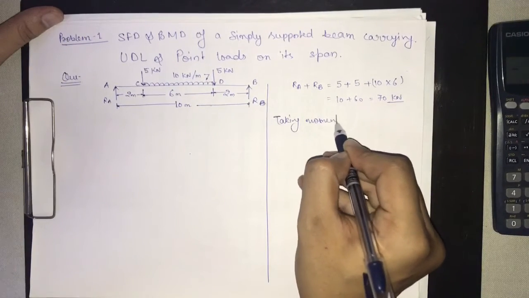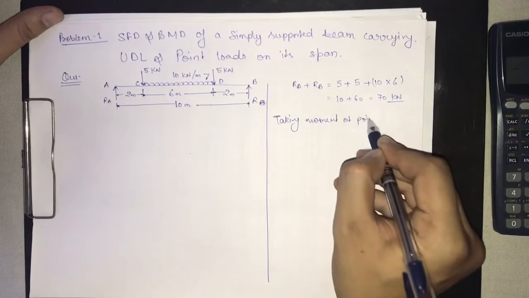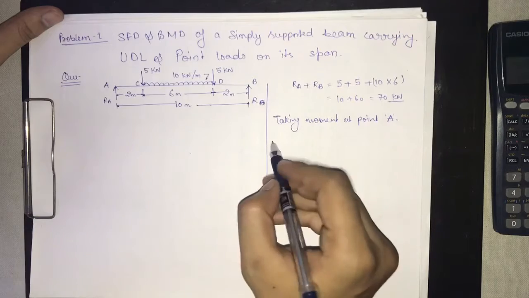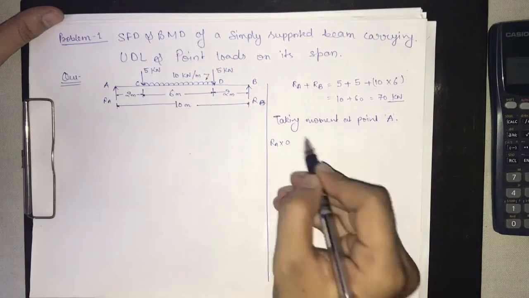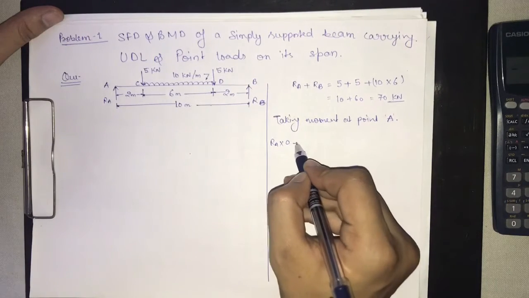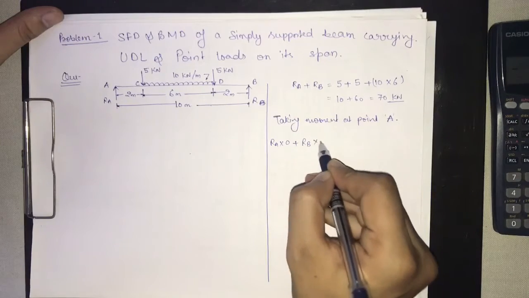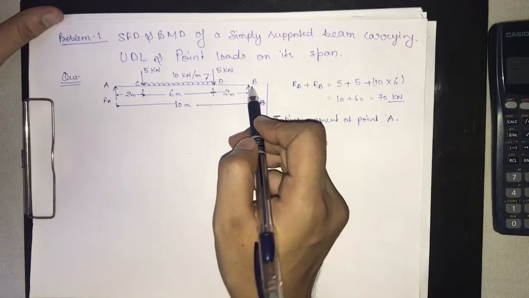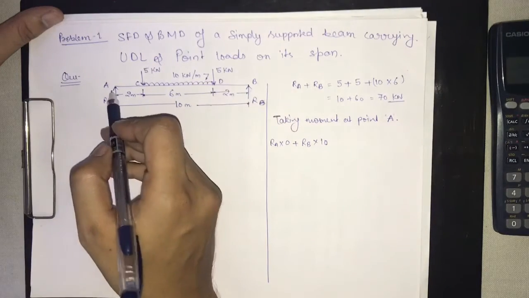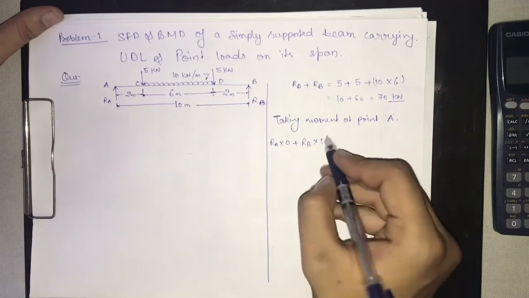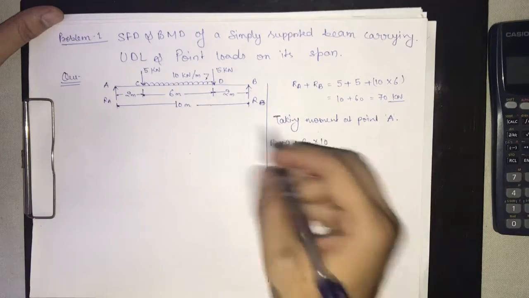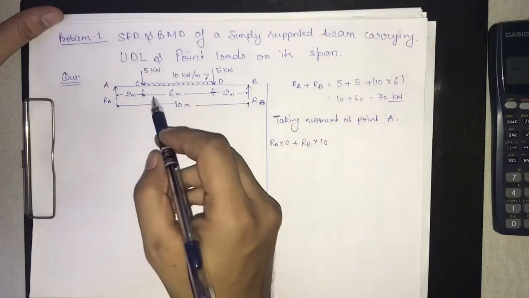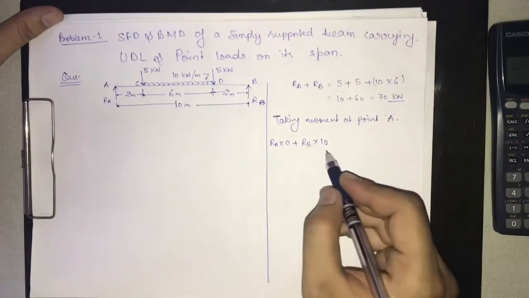So RA into 0 plus RB into 10, as the B point is 10 meter apart from the A point. So RB into 10. Now the upcoming loads, we are taking with negative sign.